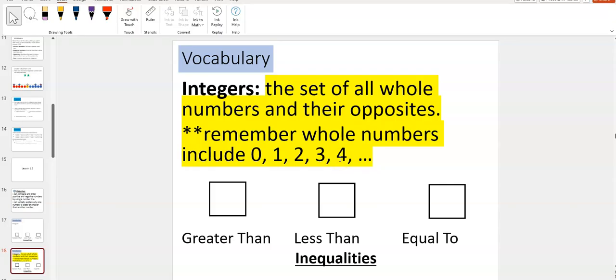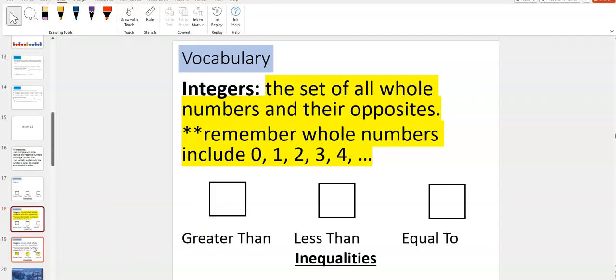So they're whole numbers. They're not decimals. They're not fractions. They're counting numbers, but they also include 0. So basically, we have all of those numbers plus their opposite, their negative counterparts. So integers include -1, -2, 0, 1, 2, and so on. Okay, and again, pause the video if you need extra time to write these things down.